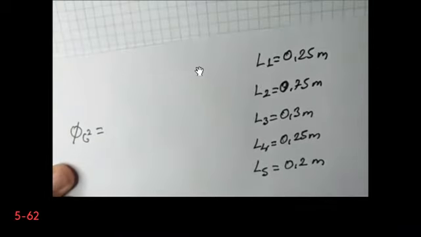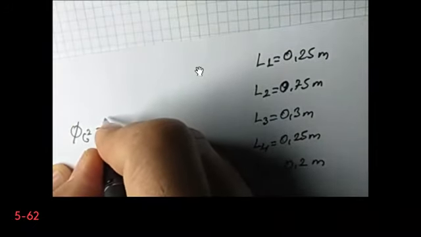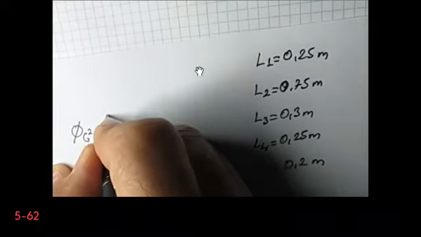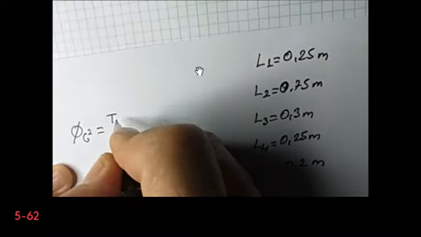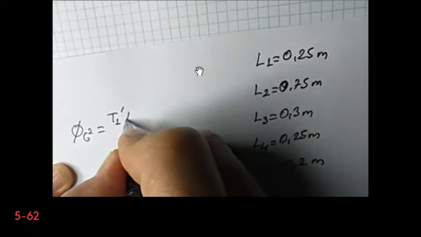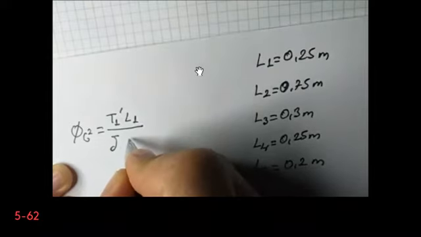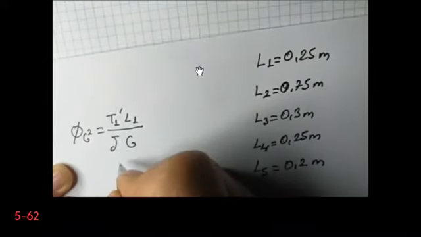So the gear 2 is, the angle of twist is, first, angle of twist generated by T1 prime, L1 divided by rotational moment of inertia multiplied by the shear modulus.